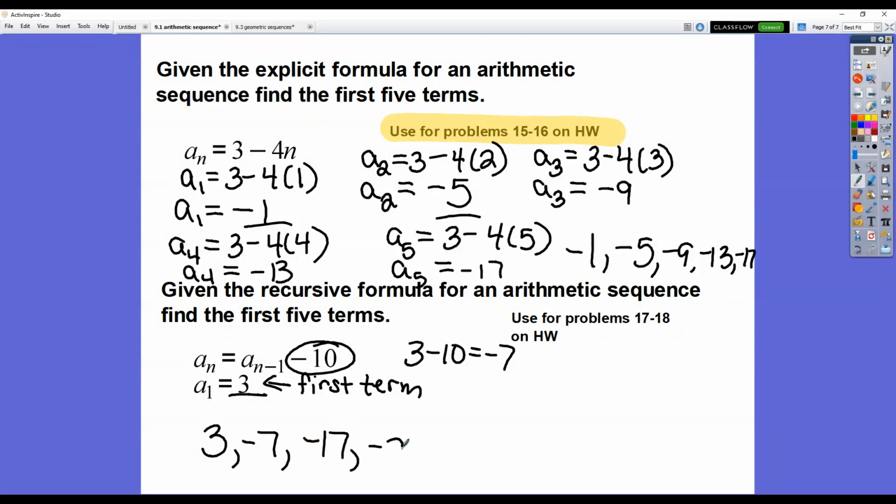Minus 10 again, -27. Minus 10 again, -37. Okay? That's what you do for problems 17 through 18 on the homework. And that's sequences for you guys.